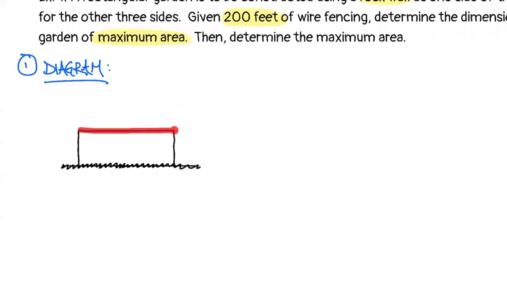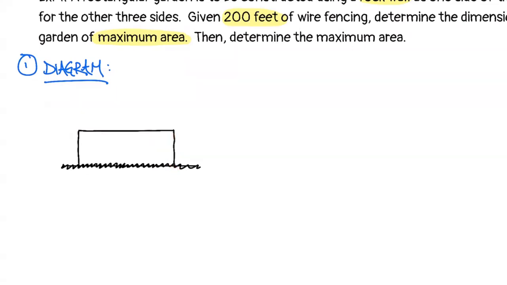Some people like to call this the length and this the width. You could do it the other way around. That's absolutely fine. But to avoid some of that, is it the length or is it the width? One thing that I like to do is if it is horizontal, I call it X. And if it is vertical, I call it Y.